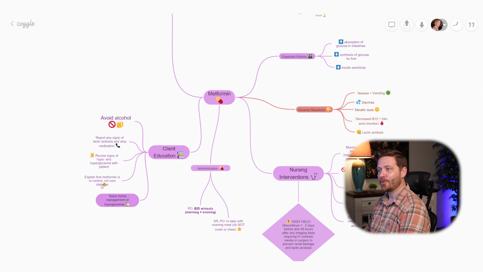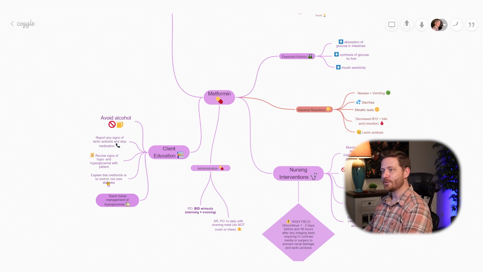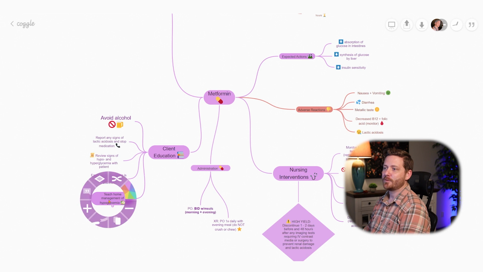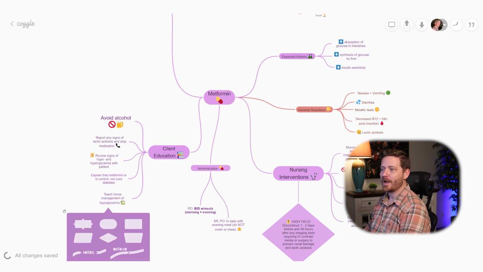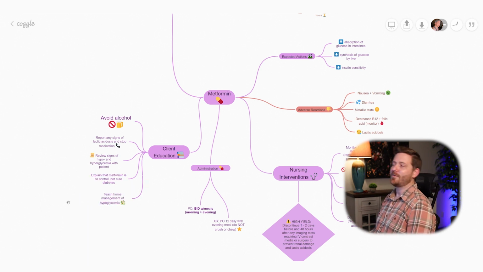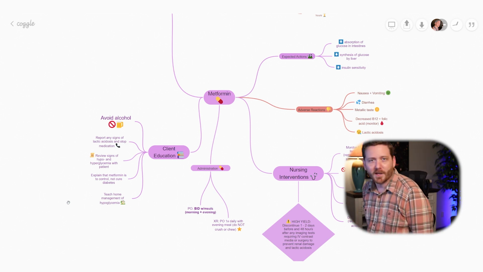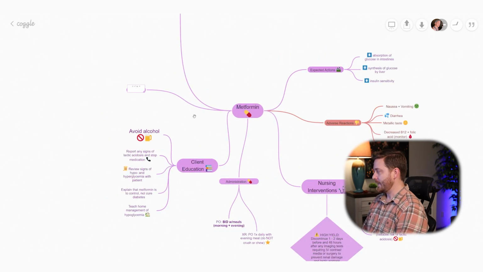We're going to explain that metformin is not a cure, it's just a control. And then lastly, we're just going to teach that home management of hypoglycemia, that 15-15 rule, all that good stuff, glucagon.